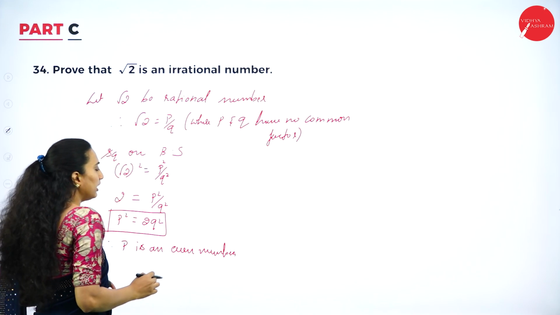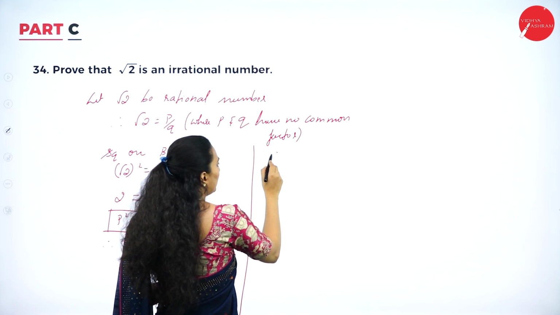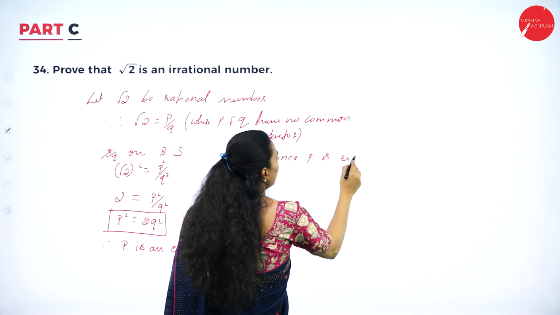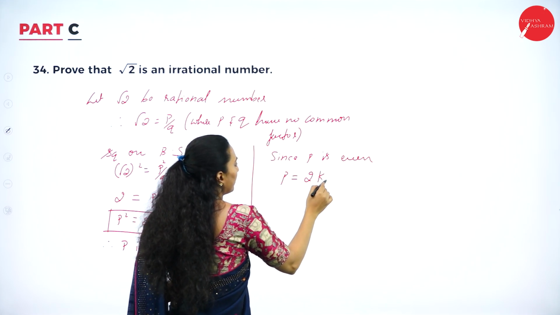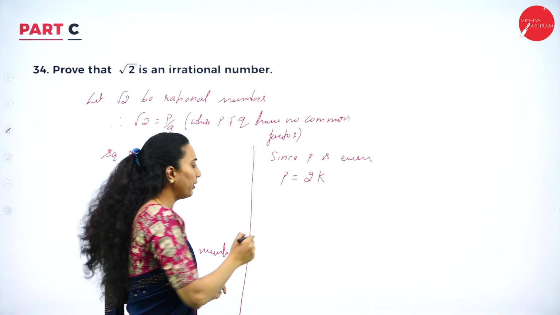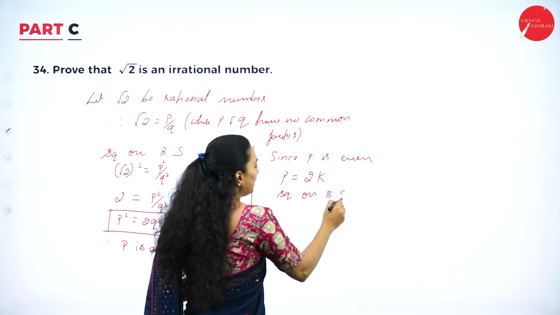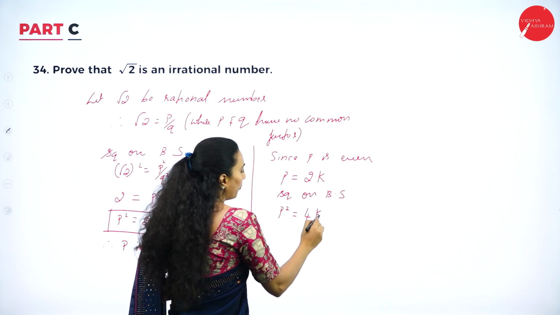So, if P is an even number, we can take that P is equal to, since P is an even, so P we can assume it as 2K. If P is equal to 2K, squaring on both the sides gives you what? It will be giving you P squared is equal to 2 squared, which is 4, K squared.